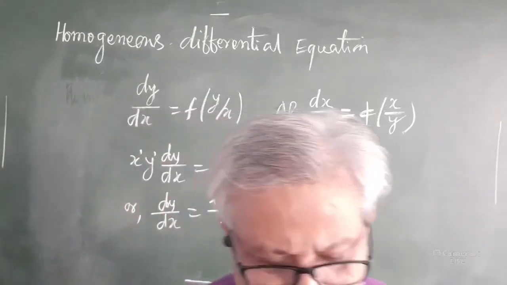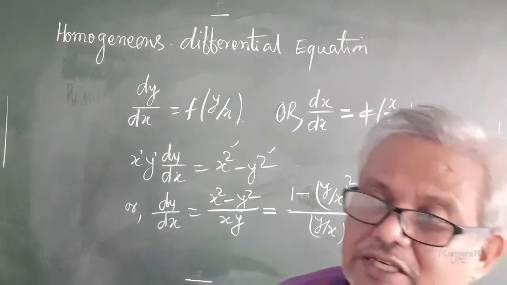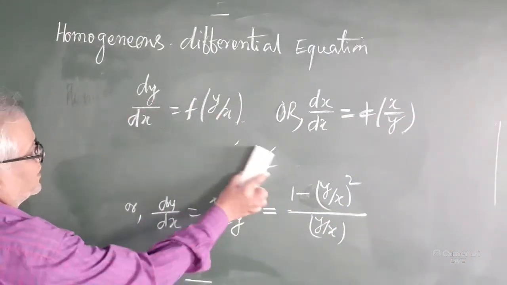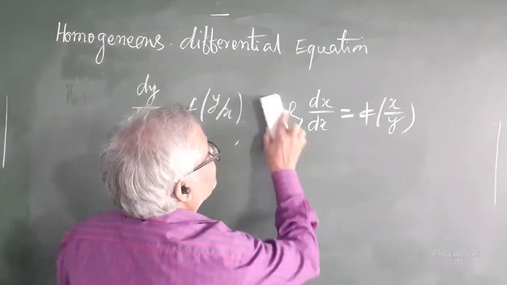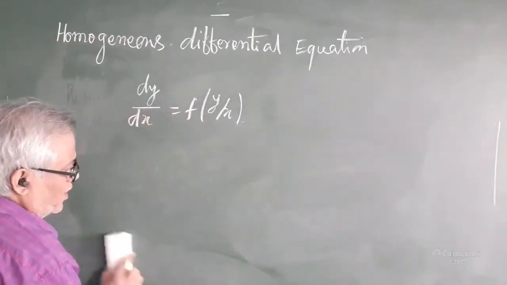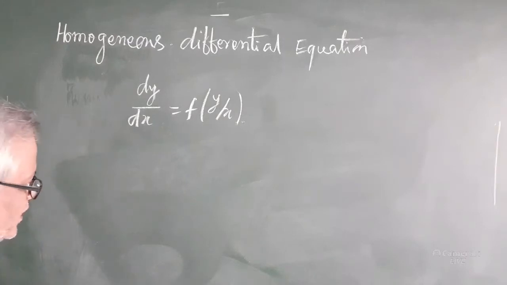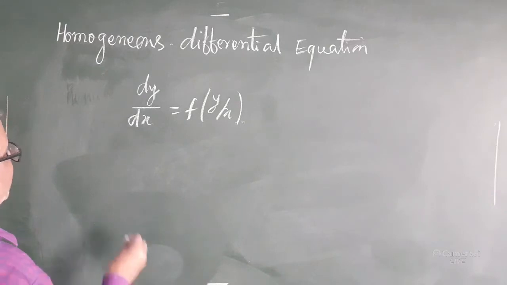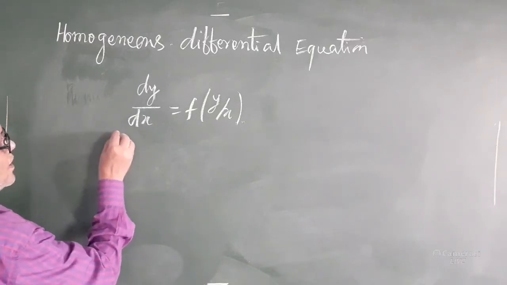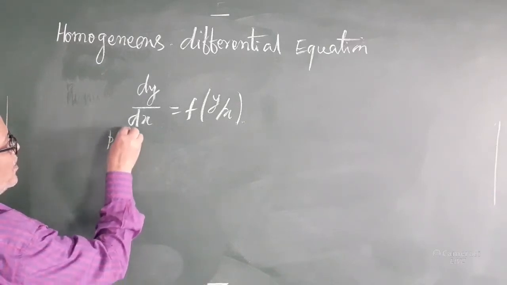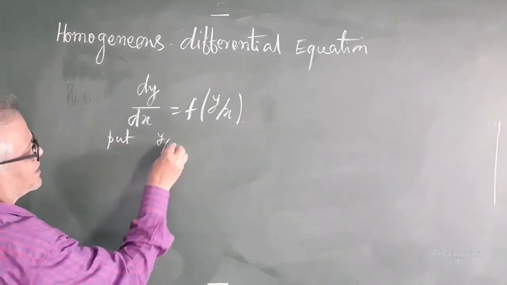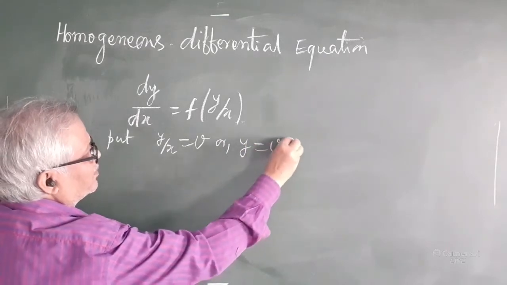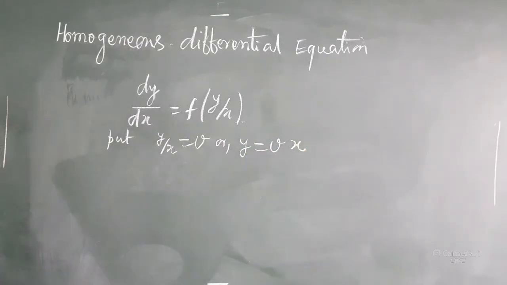Now I shall explain how to find the solution of the homogeneous differential equation. So let us consider this differential equation. We first reduce the differential equation by making this substitution: we put y by x is equal to v, or y is equal to vx.